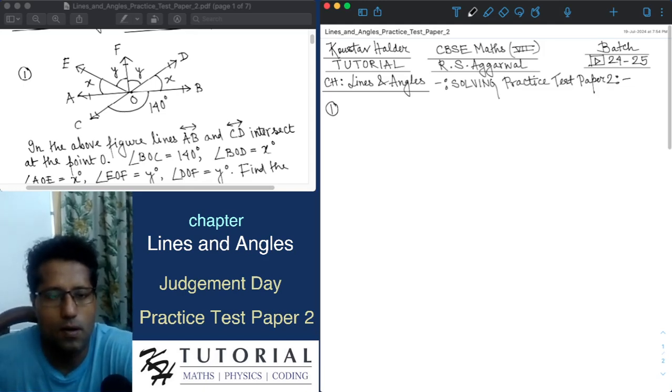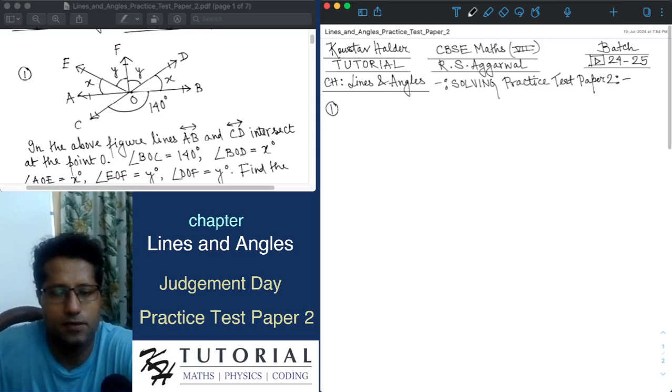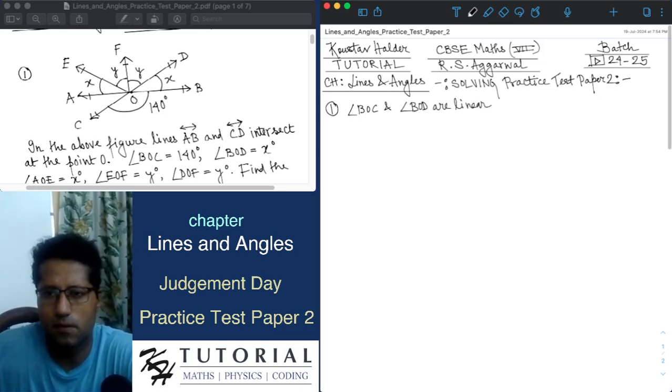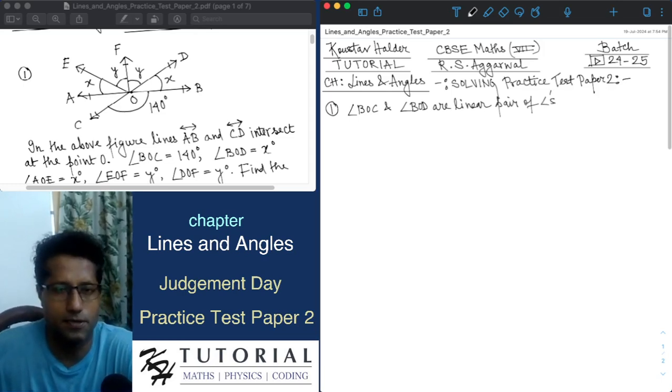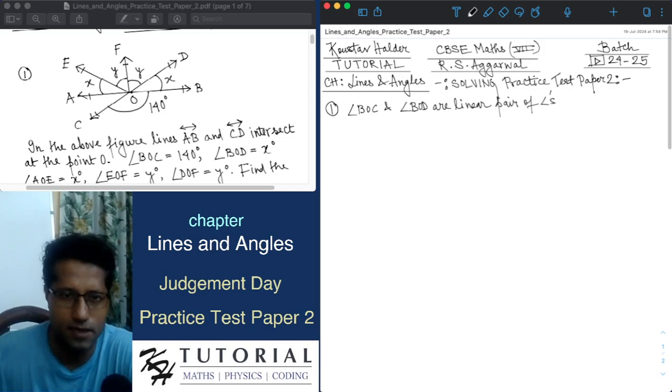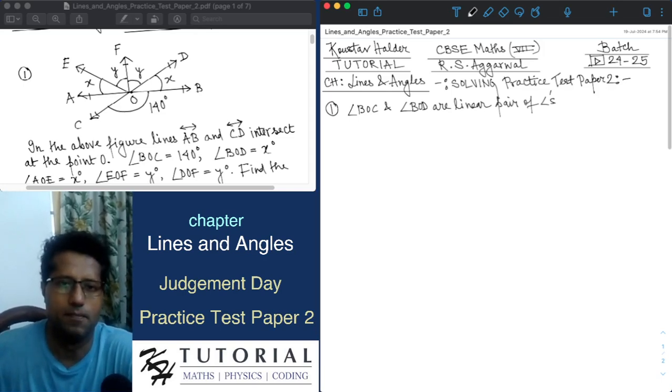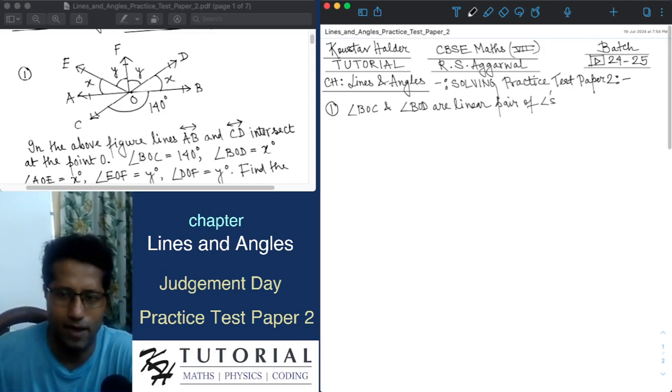So now angle BOC is 140 degree. Now we can clearly see that angle BOC and angle BOD are a linear pair of angles, because CD is the straight line, and the ray OB is standing on the straight line CD at the point O. So definitely angle BOC and angle BOD are a linear pair of angles.